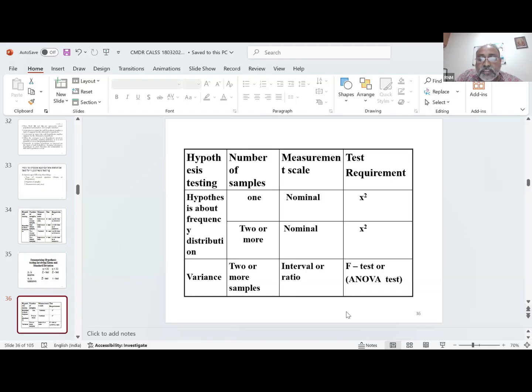Now why is this important? This is important for our argument here, because we are talking about non-parametric tests. If there is a chi-square test available, then why are non-parametric tests required? The chi-square test has the limitation of using only two categorical variables. Its inferences are powerful and cannot be ignored, but it only shows some association.